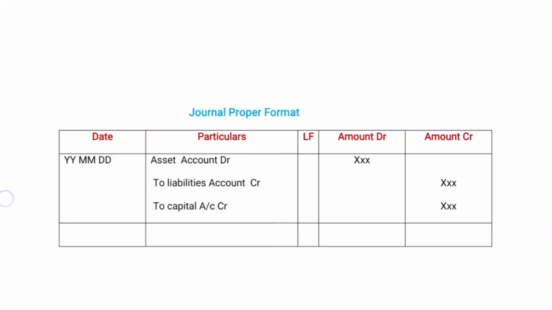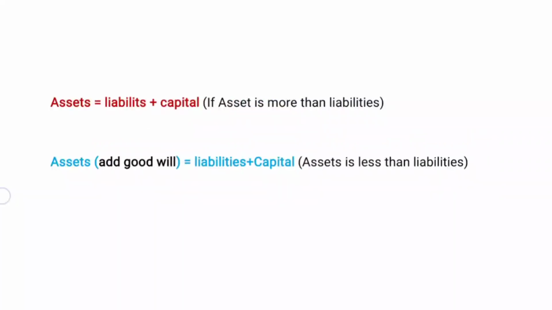Now we are going to pass journal entries for opening entries. If assets are more than liabilities, we write capital on the credit side of the journal. Goodwill is added with assets when assets are less than the liabilities.